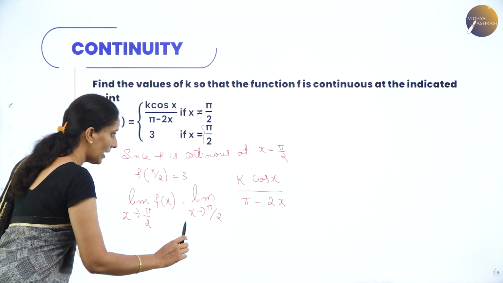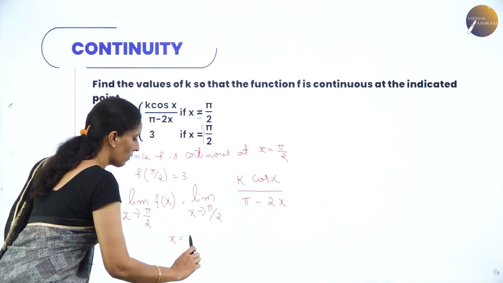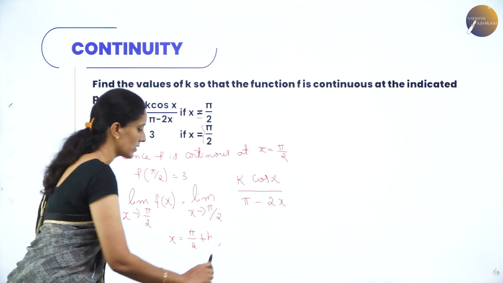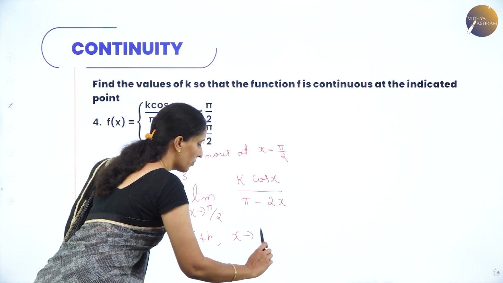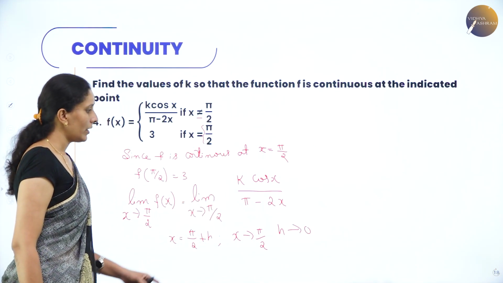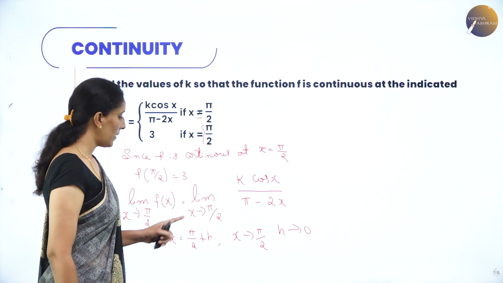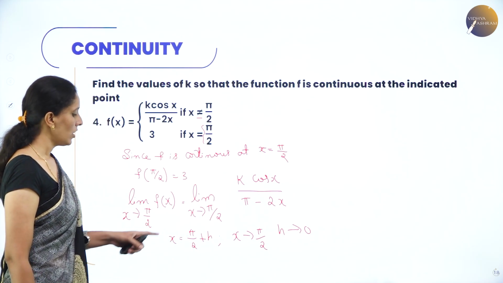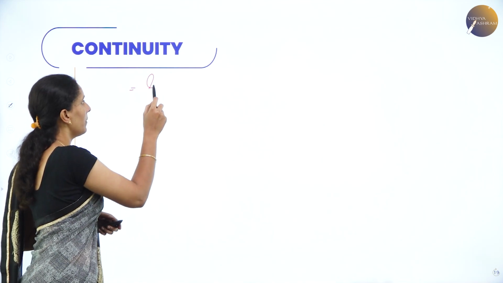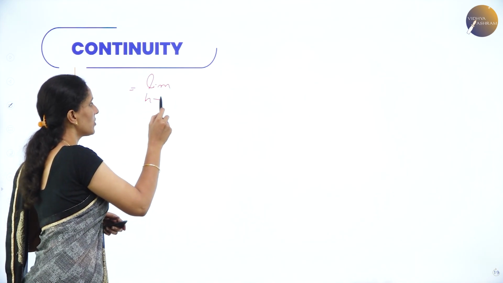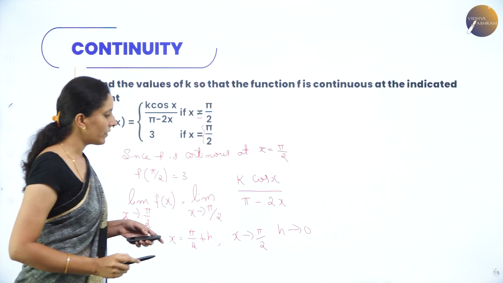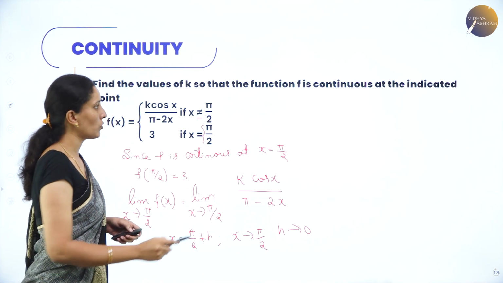Here let me take x equal to pi by 2 plus h. So the limit changes: as x tends to pi by 2, h tends to 0. Let me interchange the variable with respect to h now. So what happens to this function? Then this becomes the limit as h tends to 0, k into cos of, where I have taken the value of x as pi by 2 plus h.